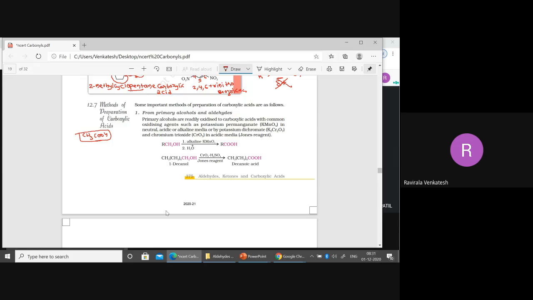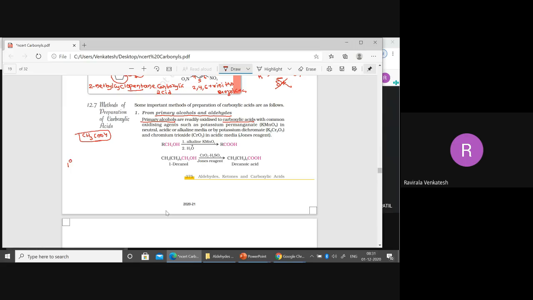Now, from primary alcohols and aldehydes, we get carboxylic acid. What are the reagents we are taking? When you take a primary alcohol, it definitely converts into carboxylic acid.